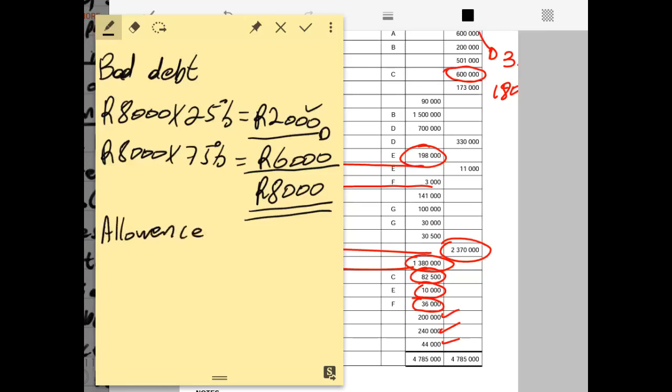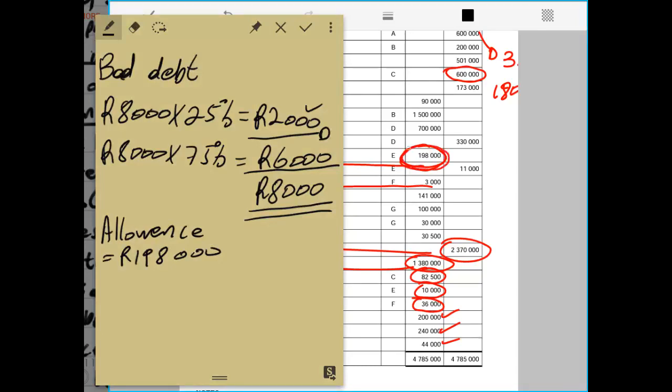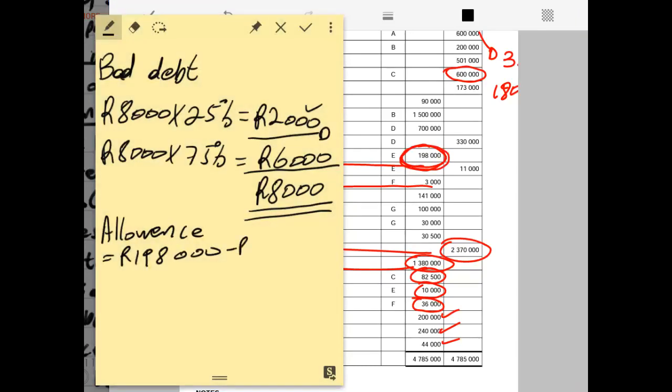When we calculate the new allowance, we have to say our debtors, our total trade and other receivables, 198,000 rands. The one that you see here, the 198,000 minus 8,000 rands. Because I told you that out of this 8,000, 2,000 will never be received, 6,000 was received.